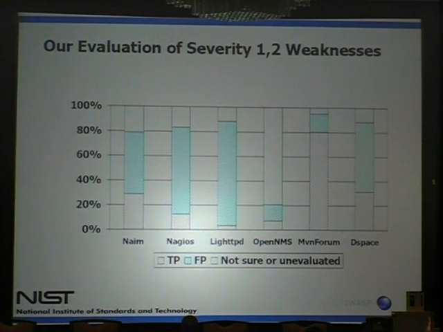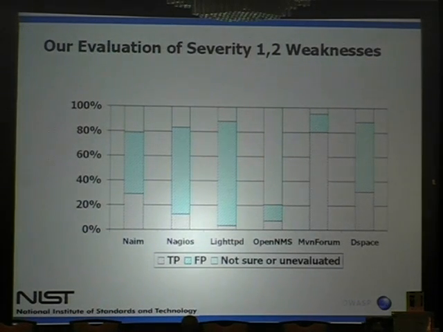So this is our analysis of the severity 1 and 2 weaknesses per test case. The shaded parts are the ones that we evaluated, and the upper parts are those that we didn't look at. In the case of OpenNMS, it's a big test case, so we just gave up at some point. In other cases, I again ask you not to look too much into the true positive and false positive rates.